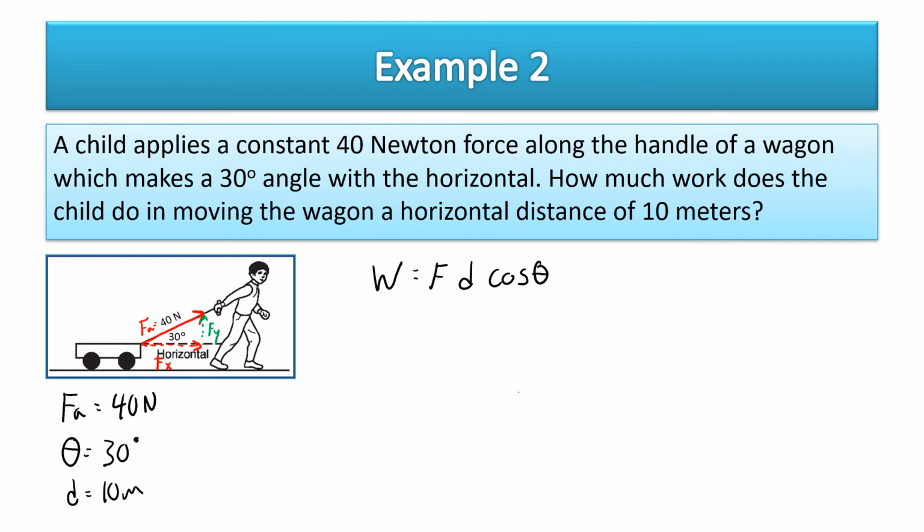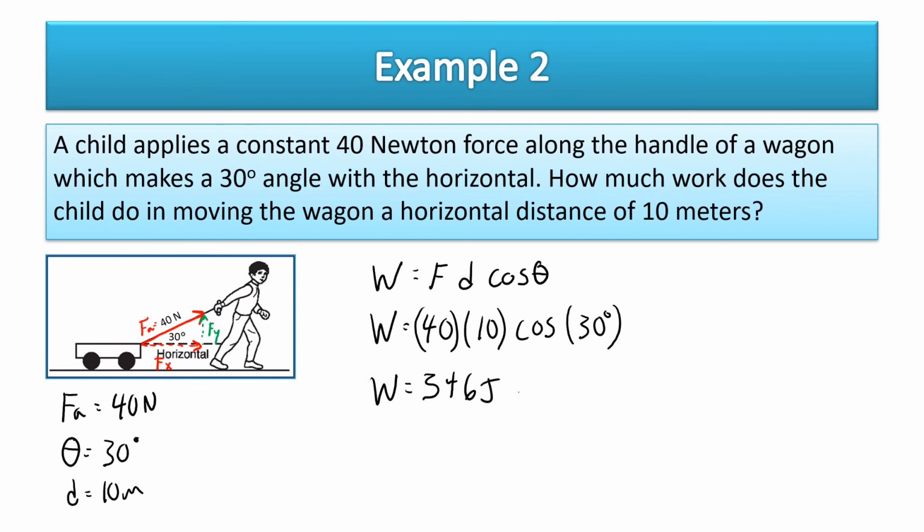So what does that mean? That means we'll plug in W is equal to 40 newtons times the displacement times the cosine of the angle. It's really, you're just multiplying the stuff together, right? All right, so you get the same thing. 346 joules of work done by that kid.